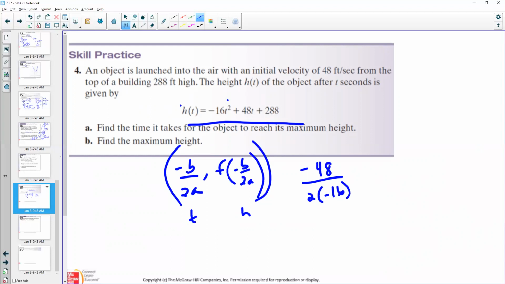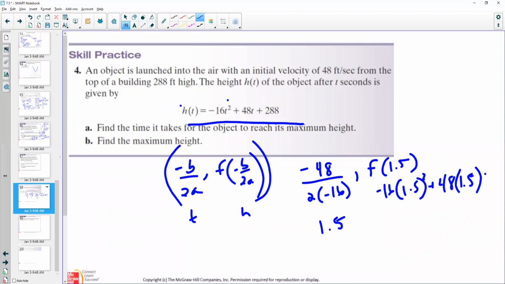That's about 1.5. You have a calculator, right? F of 1.5 is negative 16 times 1.5 squared plus 48 times 1.5 plus 288. That is somewhere in the neighborhood of 324.